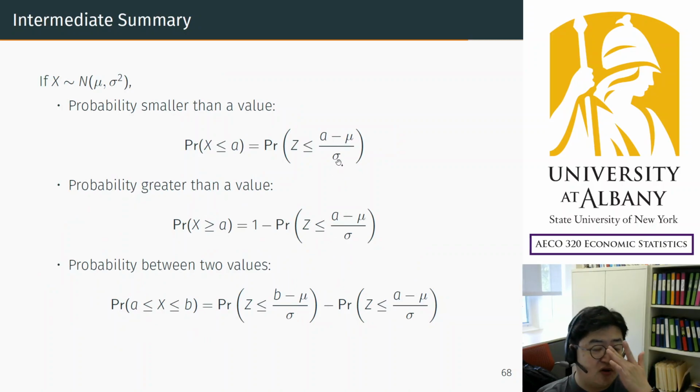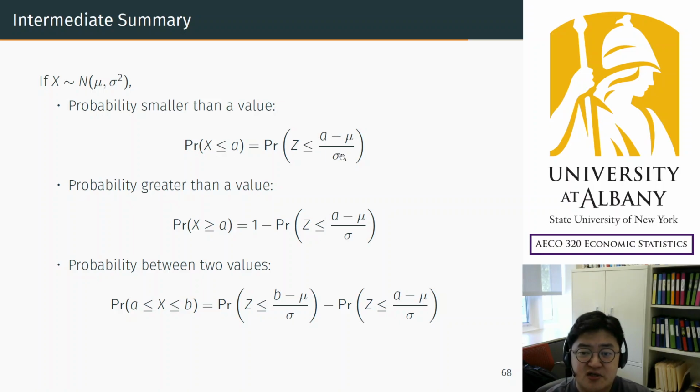To summarize what we have done so far, we can think of 3 different forms of probabilities using inequality: smaller than, greater than, or between two numbers. And it doesn't matter which you have, you can calculate all the probabilities using one of these rules.